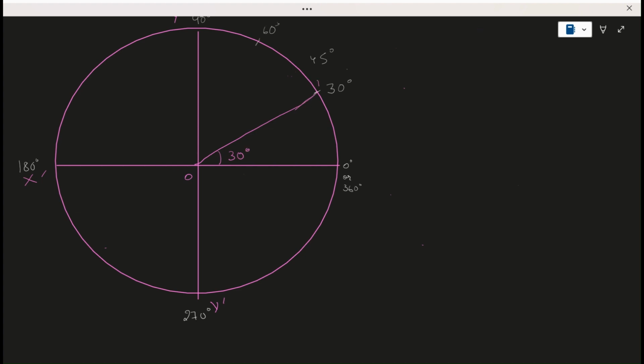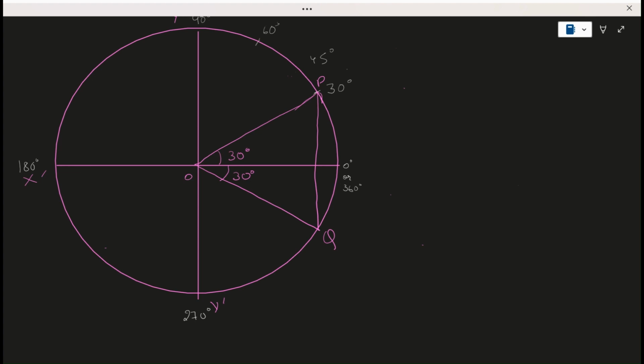Let this point be again P. If we draw a similar line opposite to this particular 30 degree in negative direction, we get this angle also 30 degree. And let us draw a straight line joining P and let this point be Q, right?